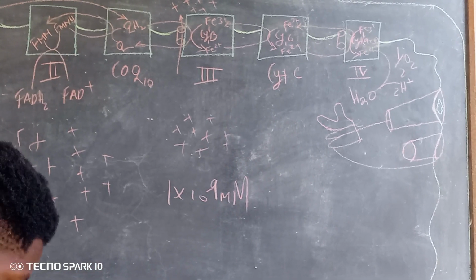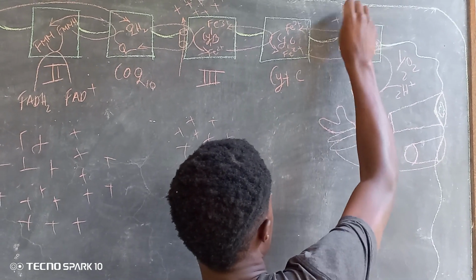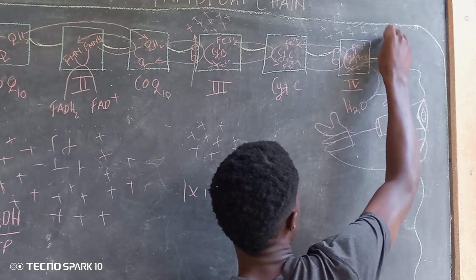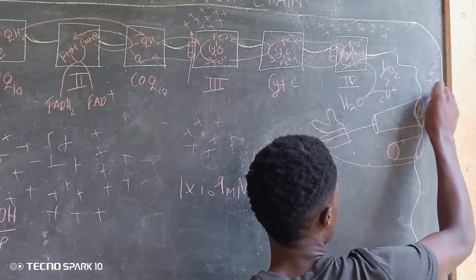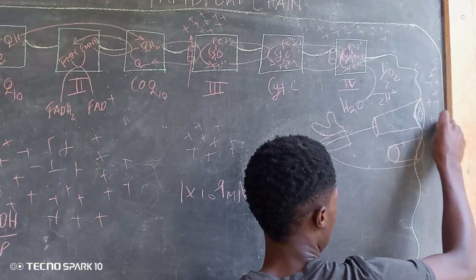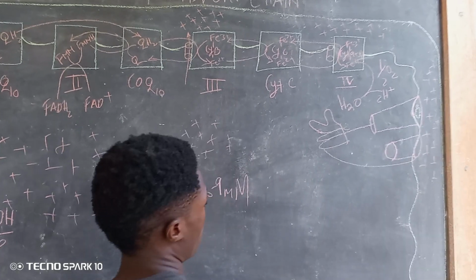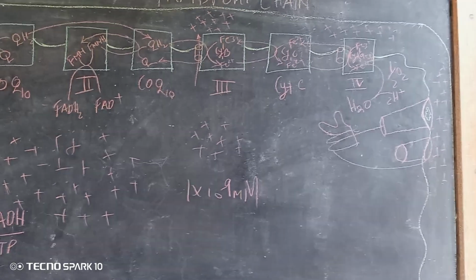Now, let us see what's going to happen here. Remember, when you pass the electrons, you're going to generate some energy which is going to be used to pump the protons into the intermembrane space. So we have a lot of protons all over. Now, we're going to create a concentration gradient.